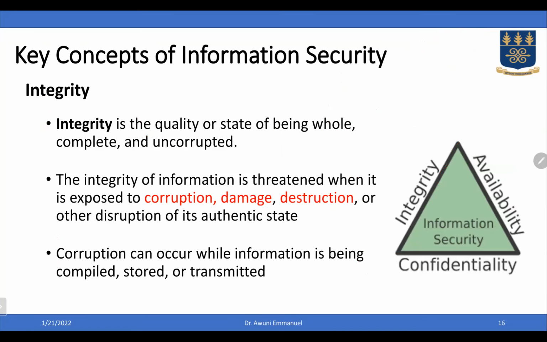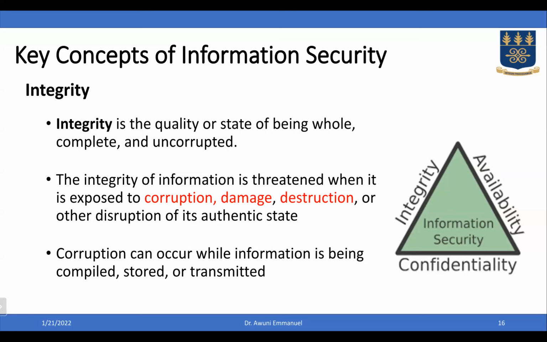Okay, then the integrity, which I did explain. I said it is the quality or state of being whole, complete, and uncorrupted. So data has high integrity if it is whole, complete, and not corrupted. The integrity of information is threatened when it is exposed to corruption, damage, destruction, or other disruption of its authentic state.